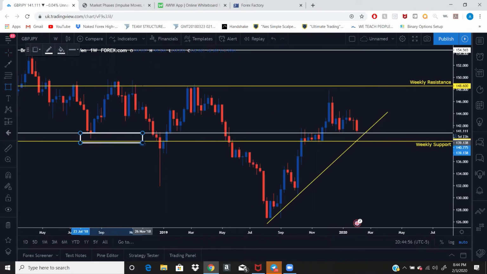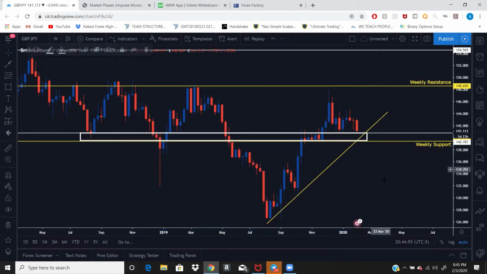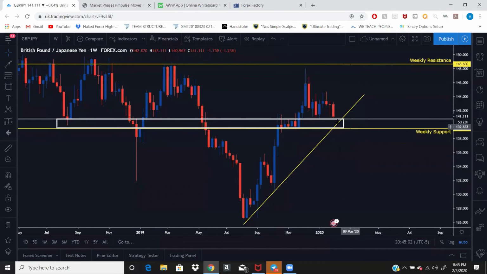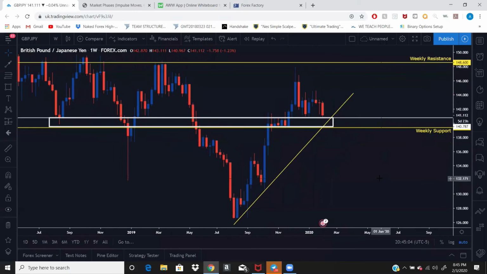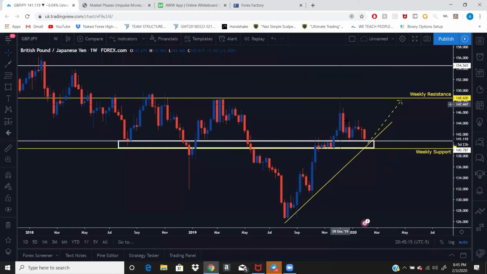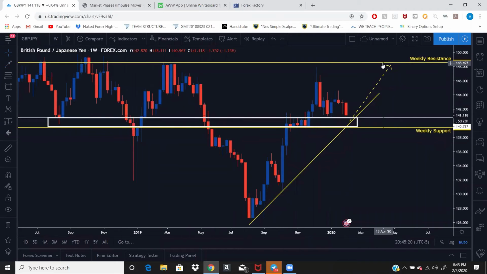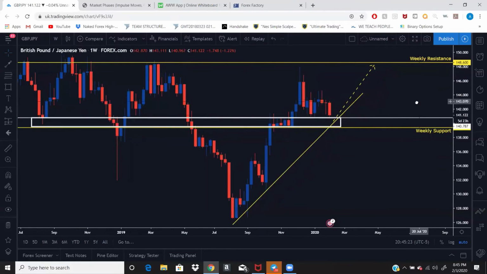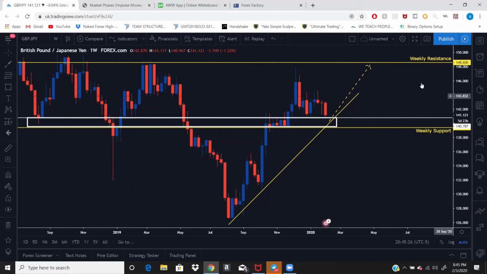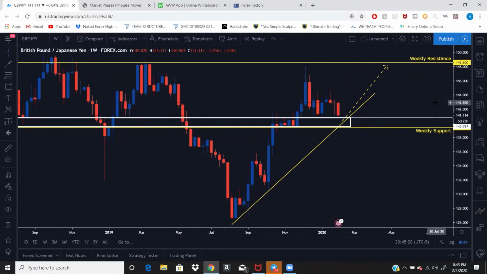Right here, brother. This is what we're waiting for. Weekly demand zone, support, and the weekly trend line. We gotta complete this move back to 148.60. Even though this spike was there, this wick has to be covered, and that will be done by this move back to the upside to test that weekly resistance as well. So I'm waiting for that pullback to enter.